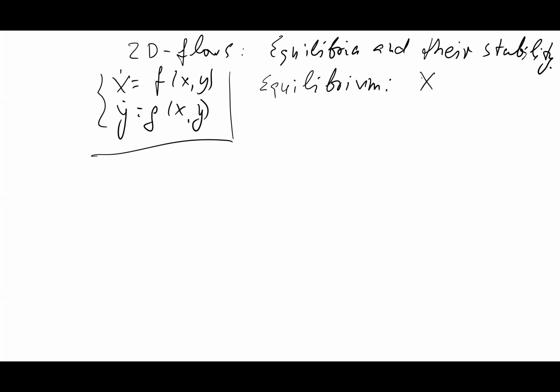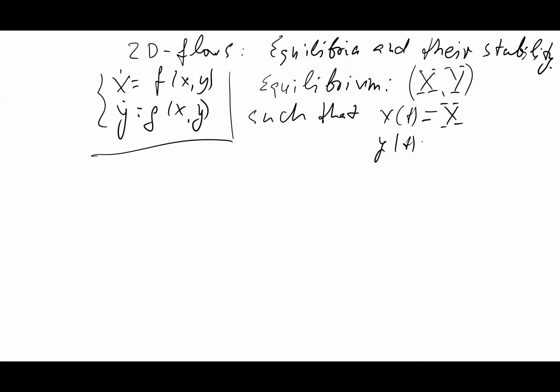Equilibrium is such a pair of numbers, or point on the plane xy, such that x equals x of t equals X capital and y of t equals Y capital for any t is a solution for the system. So it makes our system an identity.